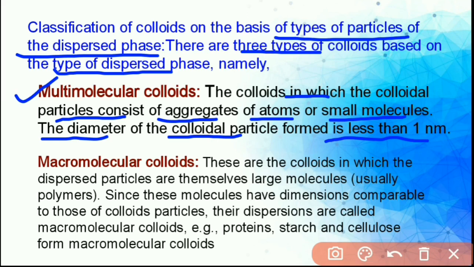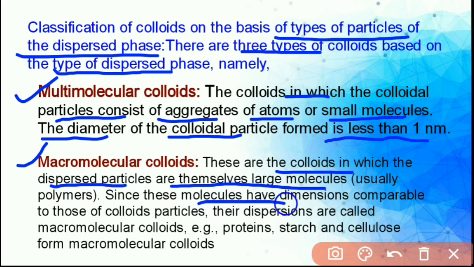For example, metal salts form that type of colloidal solution. Next type of colloid is macromolecular colloids. These are the colloids in which dispersed particles are themselves large molecules like polymers.